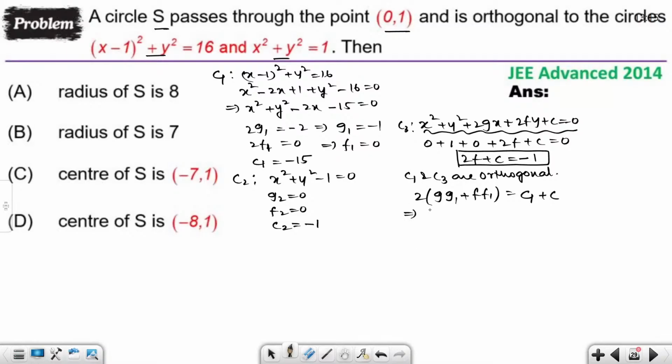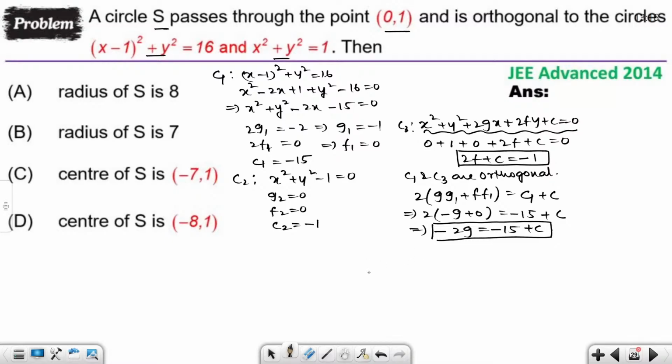So what do we get from here? 2 times G1 is minus 1, so it gives us minus g. F1 is 0, so this becomes 0, which equals C1, minus 15, plus c, which we don't know. So we get an equation: minus 2g equals minus 15 plus c. Is it clear? This is one equation that we got.